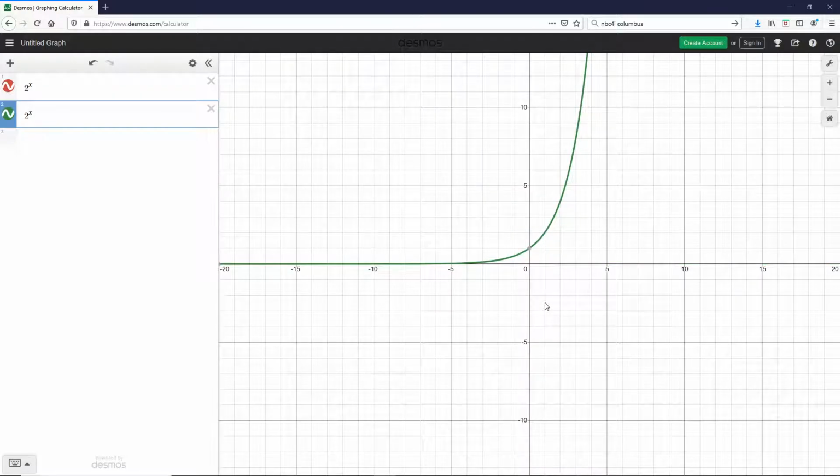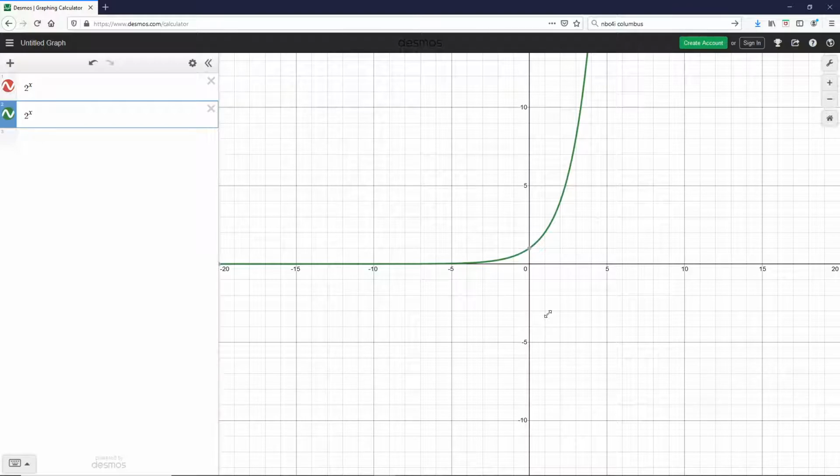And then there were the vertical compressions or stretches. To do a vertical stretch, what we do is multiply the entire function by a number greater than 1. Let's say we want to do it by a factor of 3.